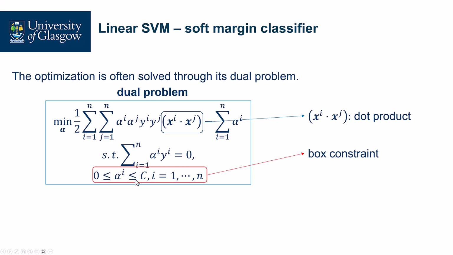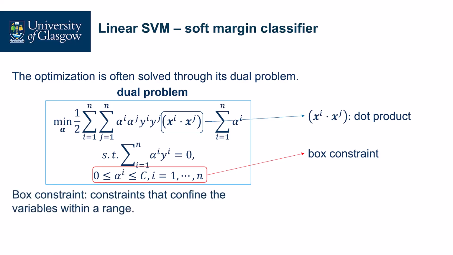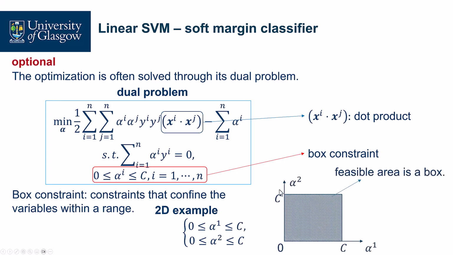So this is a search range, as we have learned before. Here we call it the box constraint. A box constraint confines the design variables within a certain range. For example, if there are alpha 1 and alpha 2, both from 0 to c, then the feasible region is this box, right?